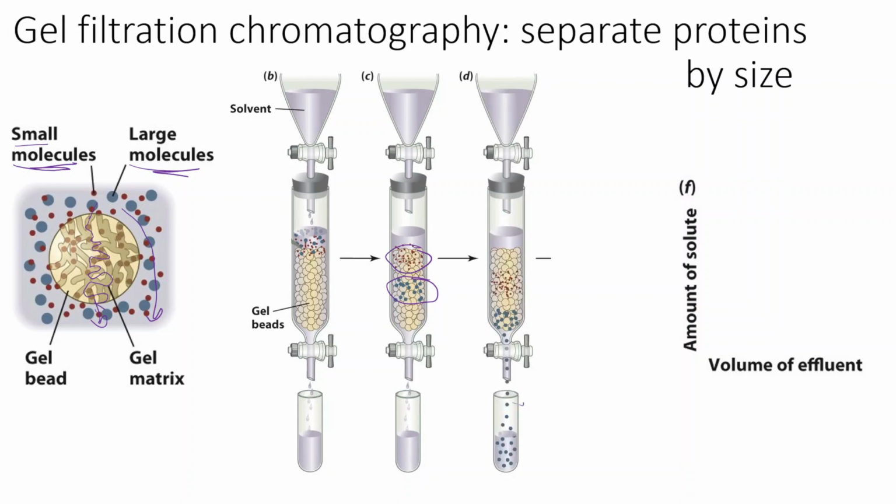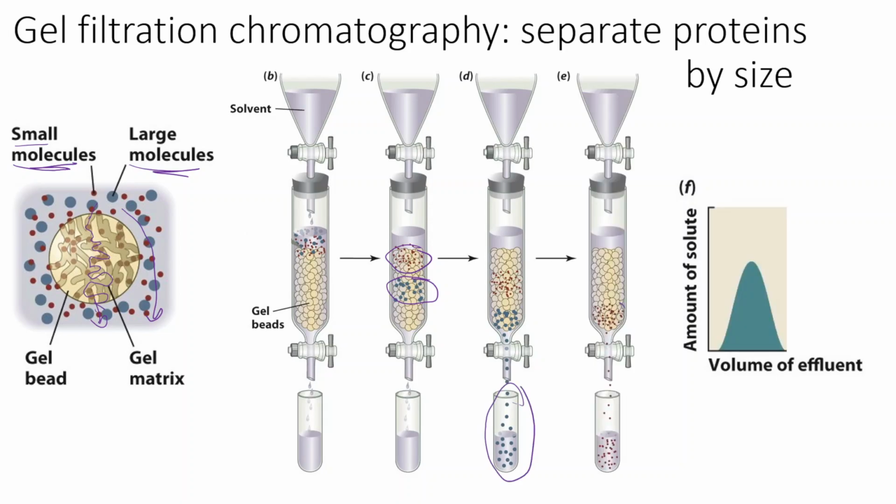Eventually your large blue proteins elute first, and then your tiny red proteins come out later. If you collect different fractions in different tubes, you'll be able to separate out which tubes have your blue protein and which have your red protein. Any questions about gel filtration chromatography? Okay.